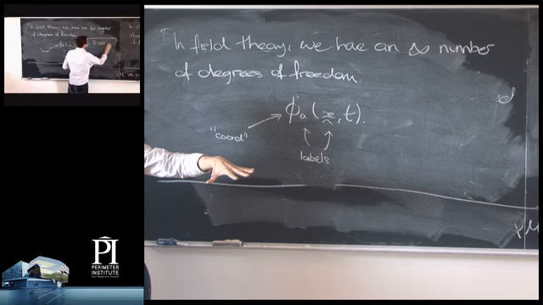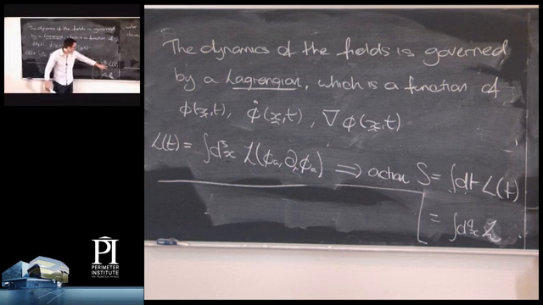The action is the integral over time of the Lagrangian, but because the Lagrangian itself is the integral over space, the action becomes the integral over space and time of this thing called curly L. This curly L is really called the Lagrangian density.